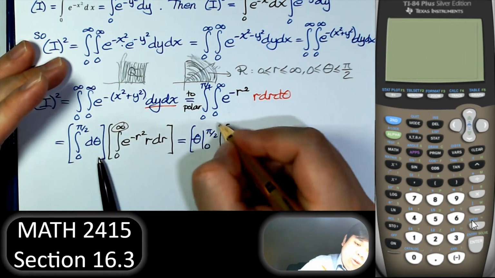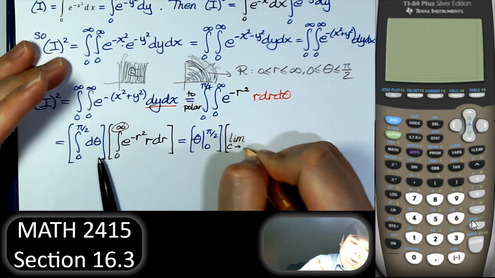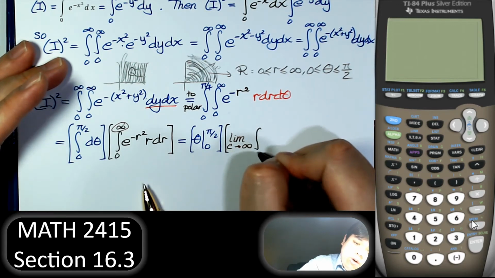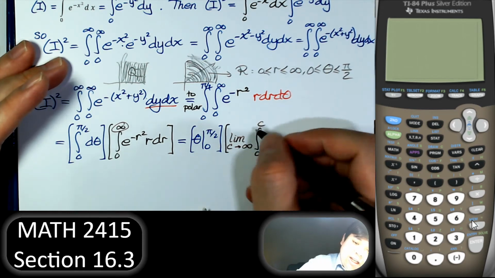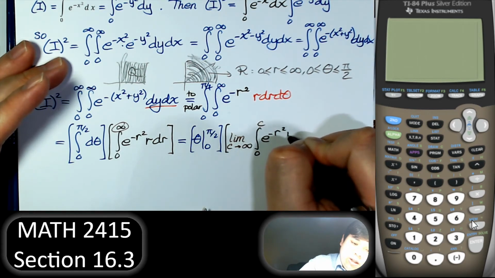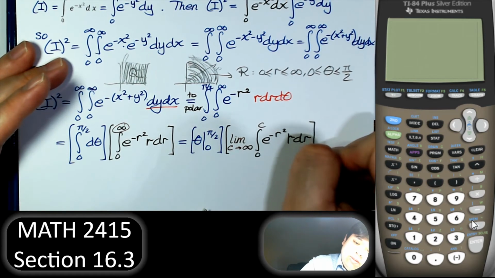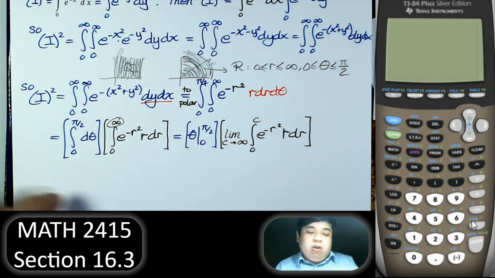For infinity, I'm going to let c go to infinity, so this integral will go from 0 to c, and then we have e to negative r squared, r dr. Yeah, so that's the proper way to handle an improper integral.